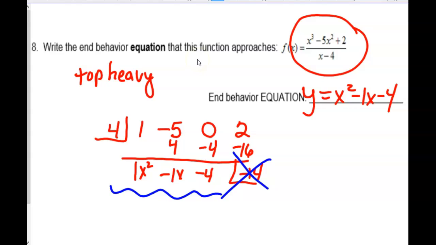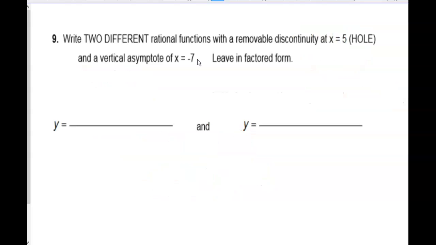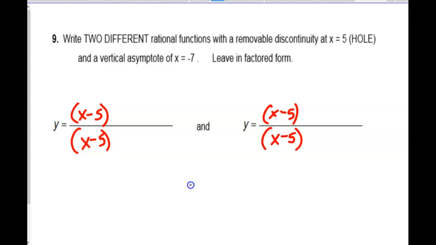What else? Yeah, number 9. Okay, how do you put a hole at 5, guys? And it doesn't say what the y value has to be, so that's all you have to do. Those both have a hole at 5. What else?